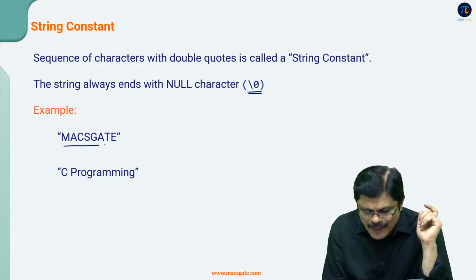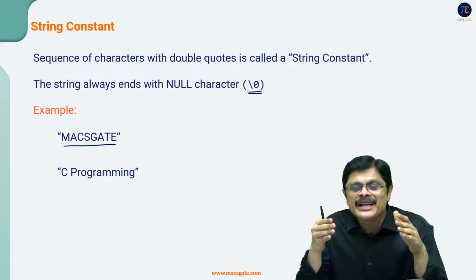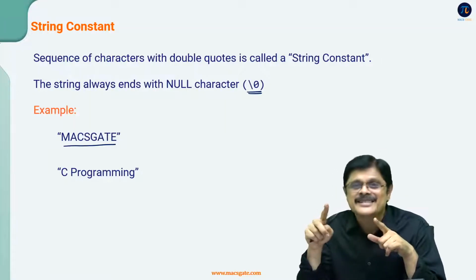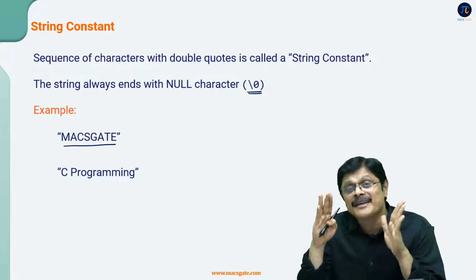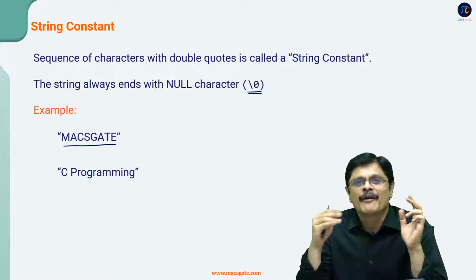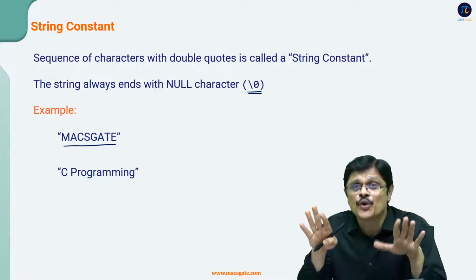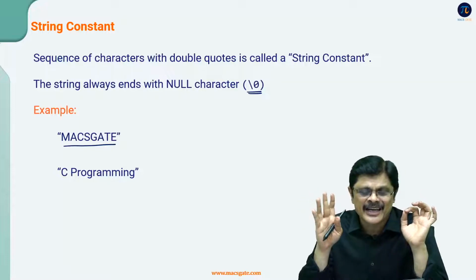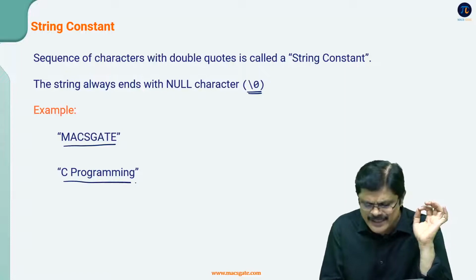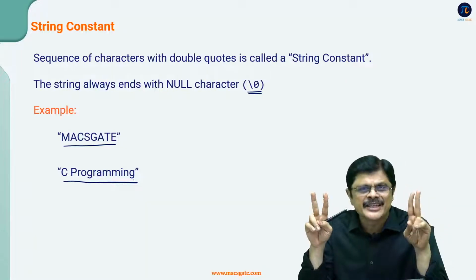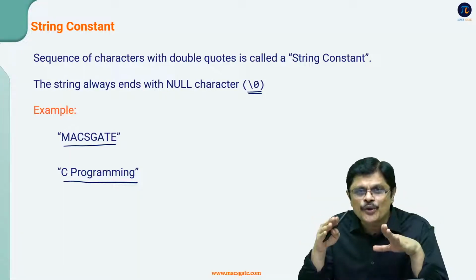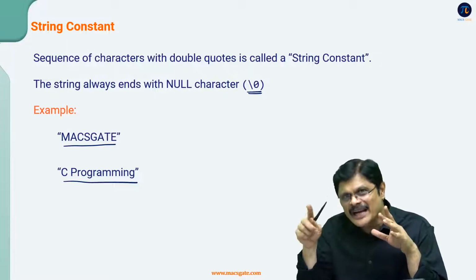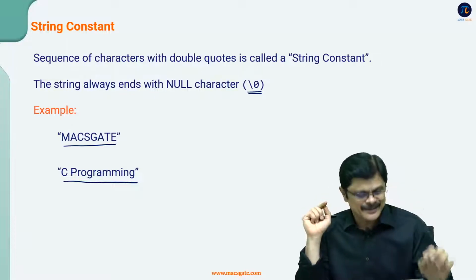Even though you write it like this, in memory it will be stored with \0 at the end, my dear friend, that it is by default terminated with a null character. Of course, it is not visible, but it is stored with \0. Every string terminates with a null character, remember. Whether you write MacsGate or C programming, any string within double quotes is stored in memory like C programming ending with \0, that is the null character.